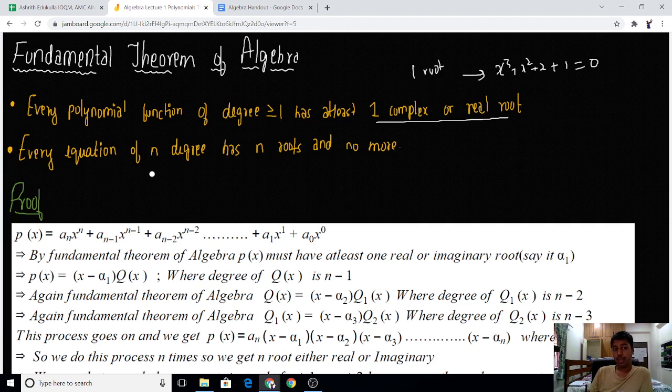And every equation of degree n has n roots and no more. So this equation has a degree 3, and because it has a degree 3, it will have 3 roots for sure. So these can be imaginary or real. It can be anything, guys.